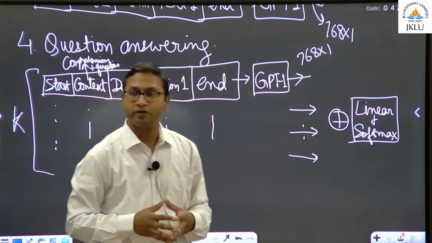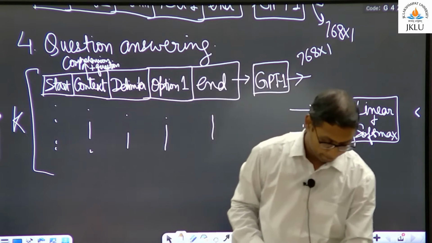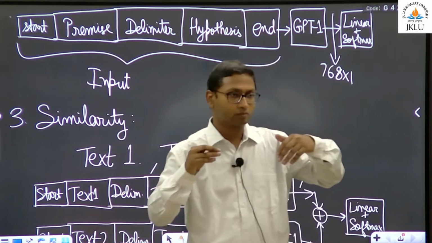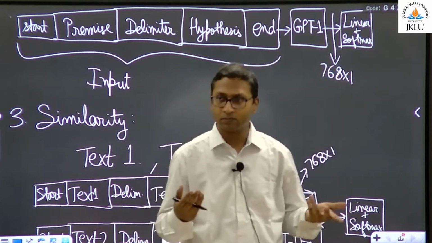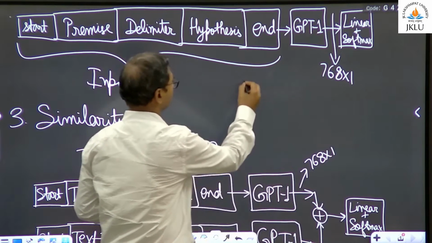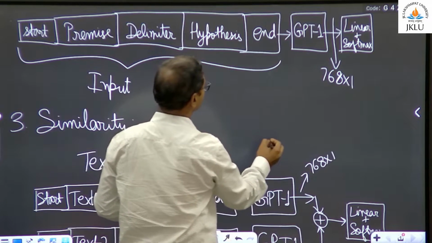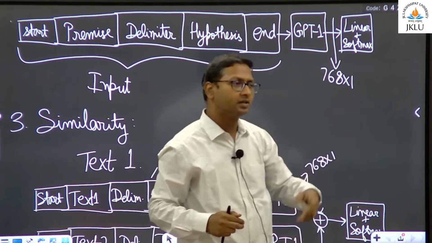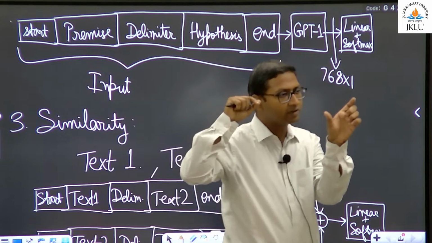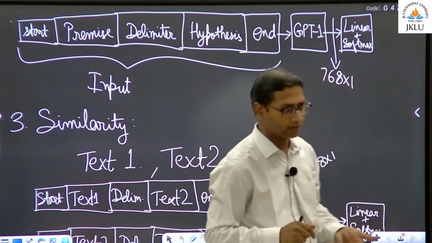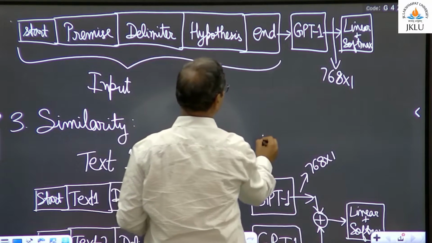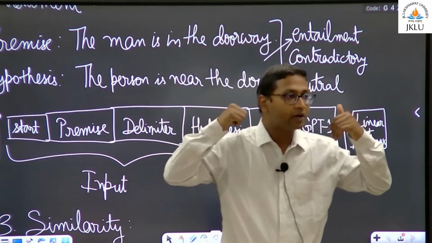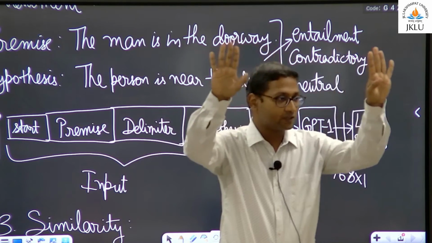Now what are the options you have in this? You want to make it more fully connected layers? Fine, you can do that, but generally I have not seen that, because you have already passed through 12 layers of GPT, so that 768 vector is very rich. You won't need that. In this case, we said we are not going to touch the parameters of GPT-1.